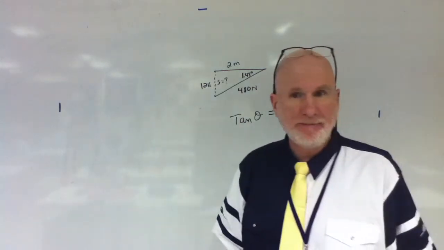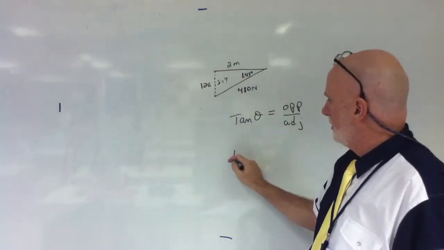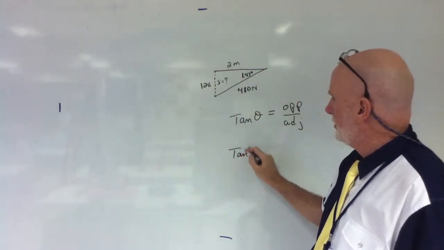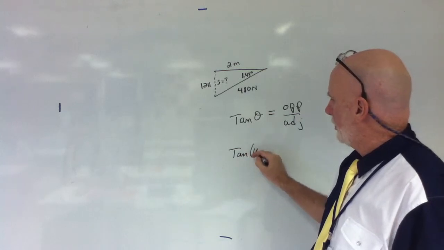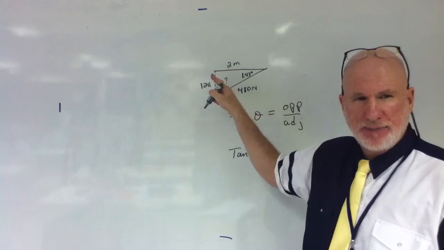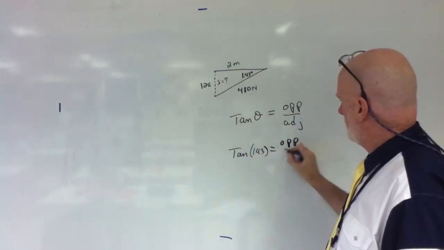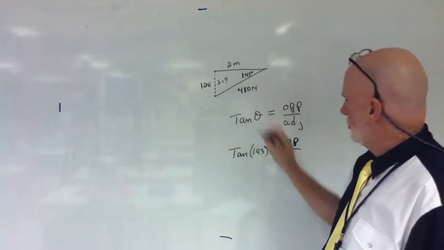Yes? You with me? So I have the angle, so it's going to be tangent of 1.43 equals opposite, isn't it the opposite what I'm looking for? Yes. So opposite over 2.